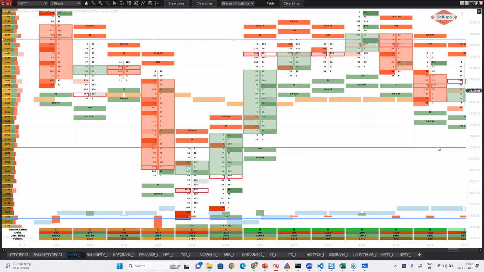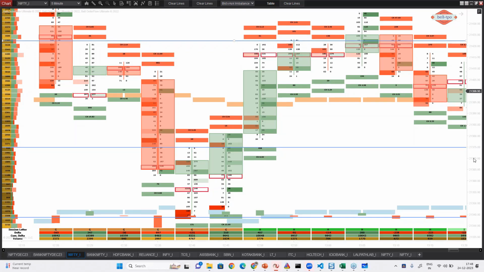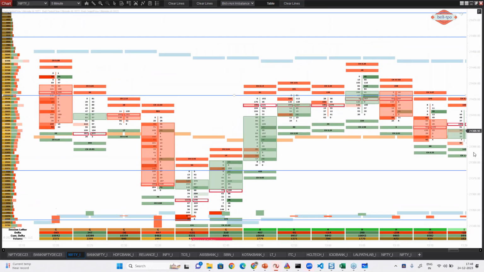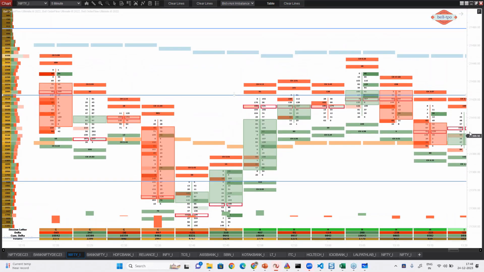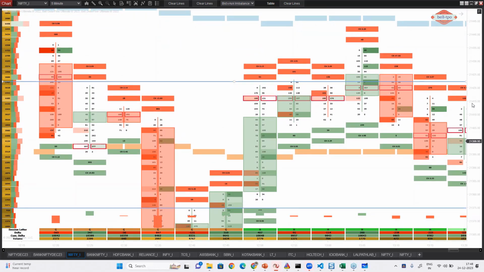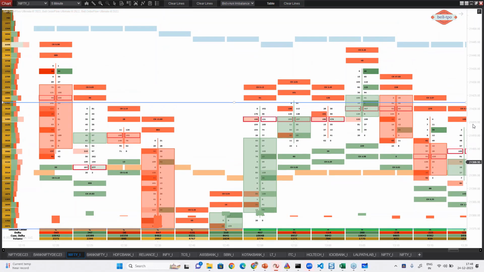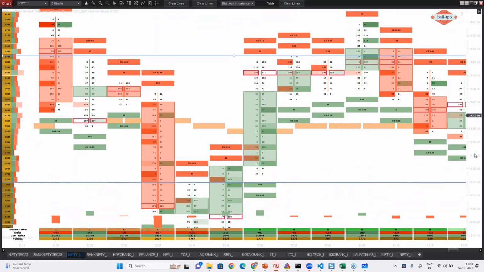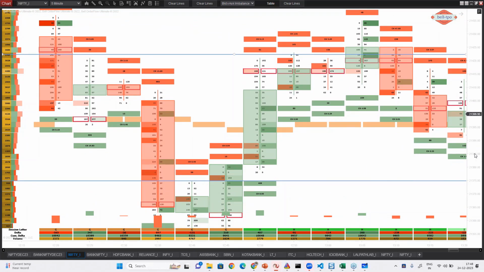The entry itself happened around 21,375 and the target was hit around 21,425 levels. Almost 21,420 plus is what we are seeing over here, which is roughly how many points? Almost 55 points of opportunity, right? A decent trading opportunity from a very short time frame perspective. And one more buying opportunity happened.